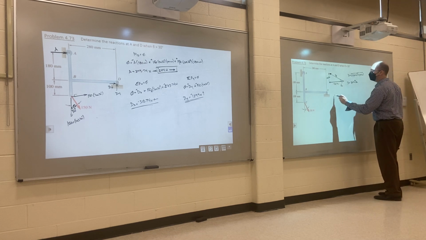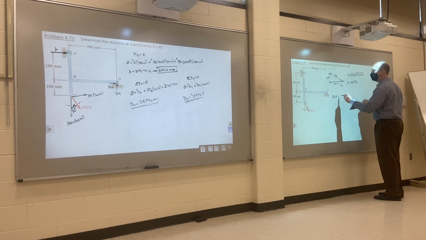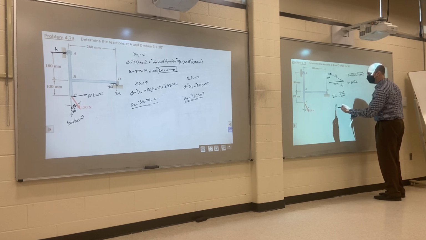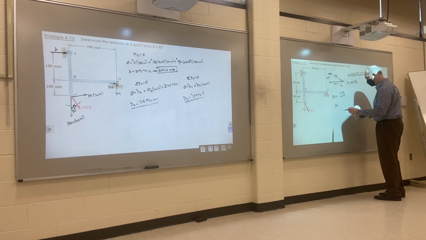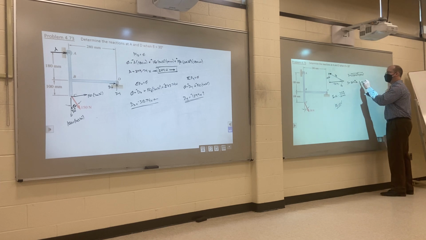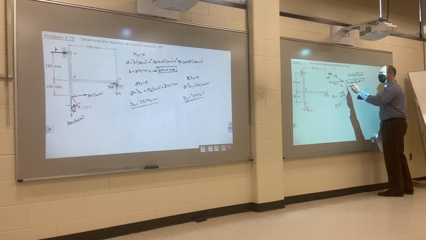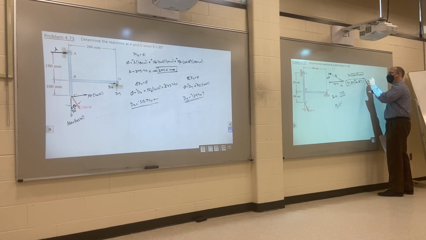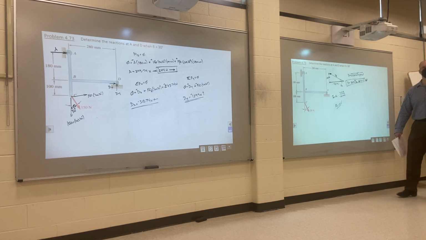At a direction of tangent of theta x is equal to opposite positive 129.9 newtons over negative 318.74 newtons. The newtons drop out. Don't forget the negative sign, and theta x is like 22.2 degrees. And that's the reaction at D.